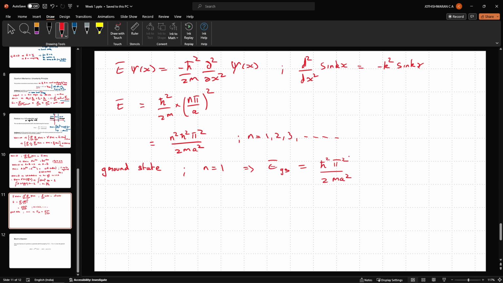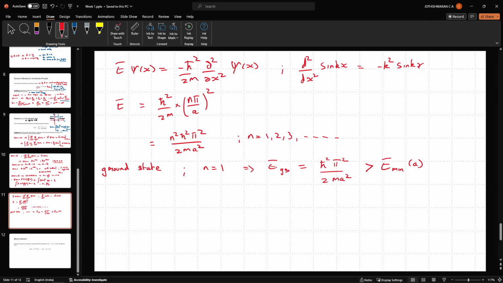It can be seen clearly that pi squared is greater than 9, it is 3.14 squared. So this quantity is definitely greater than 1 by 4, which implies this ground state energy is definitely greater than the E min that we had derived for A.